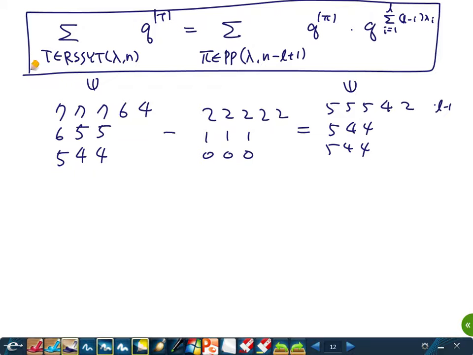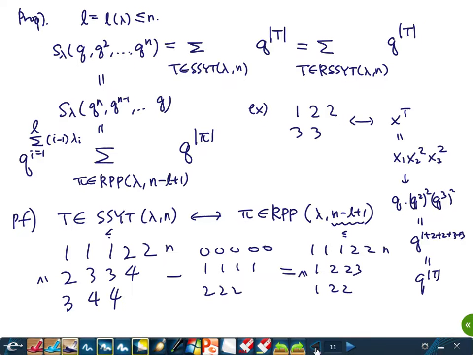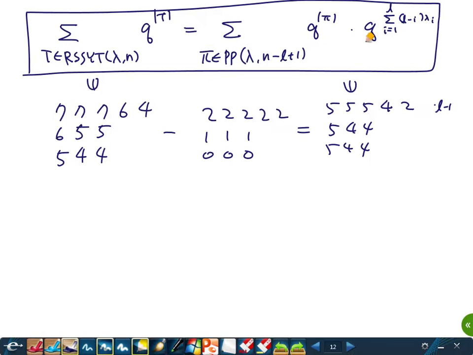But anyway, we will find a formula for this at the end. Okay, but yeah, sorry about this mistake. But by the way, proposition.